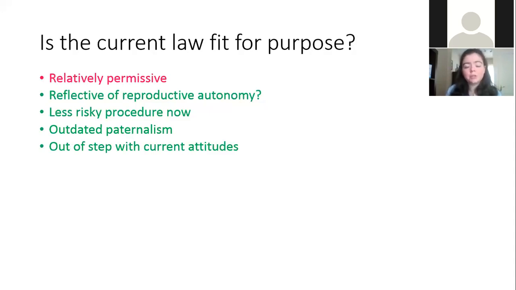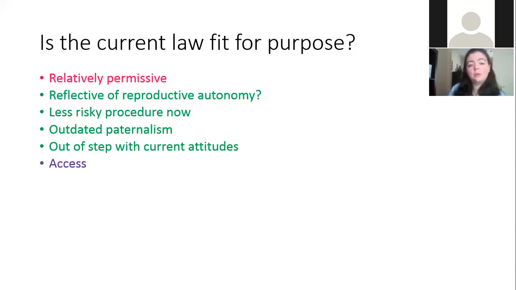It's also out of step with current attitudes. The majority of people now, way more than in 1967 when it came in, are in favour of reproductive rights, abortion rights, and decriminalisation. This includes the general public, legislators, and the medical profession as well.